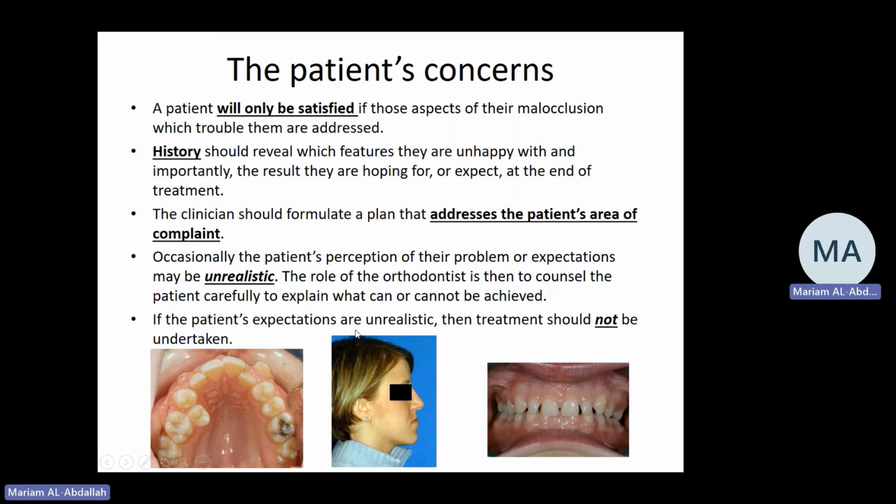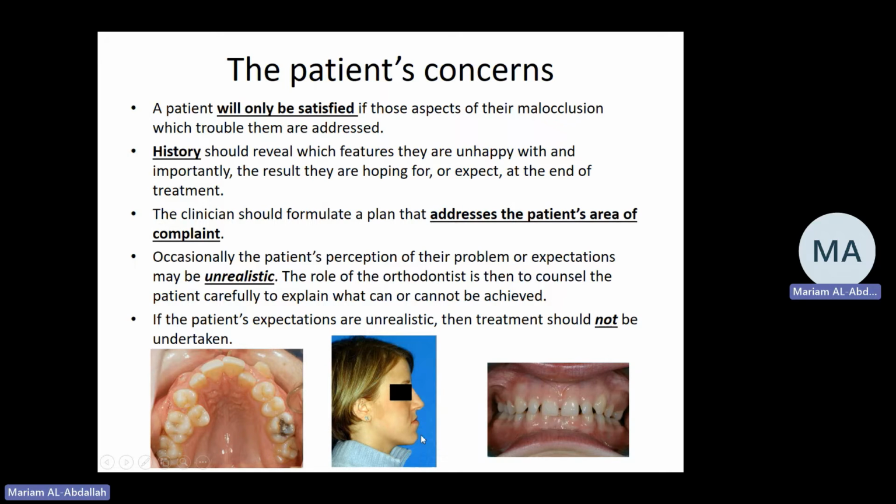For example, a patient who comes to your clinic with severe crowding, so both canines are buccally excluded from the arch. One of them is erupting, the other is partially erupting, and then the upper right 5 is palatally displaced, and the patient is refusing extraction. So they want to have a whole smile with no extraction. So this is an unrealistic expectation for the end of the treatment without extraction.